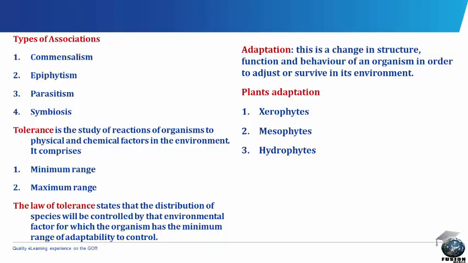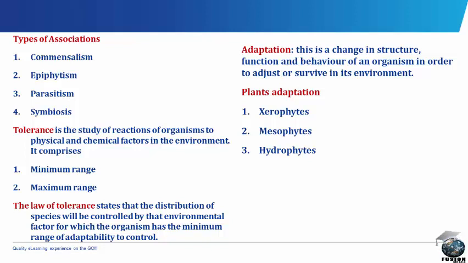Tolerance is a study of the reaction of organisms to physical and chemical factors in the environment. It comprises the minimum range and the maximum range. Minimum range is the narrowest range of factors at which distribution of organisms will be affected in terms of survival, growth, and reproduction, while the maximum range is the highest range of factor at which distribution of the organism is mostly affected in terms of survival.